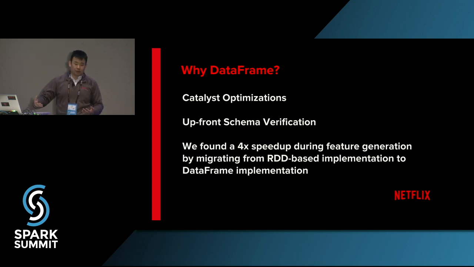So you will get the exception error really early on, instead of starting a job and having it fail. So that's pretty good. And we found a 4 times speed up when we ported our previous feature generation code from RDD into the data frame ecosystem, which is pretty nice.